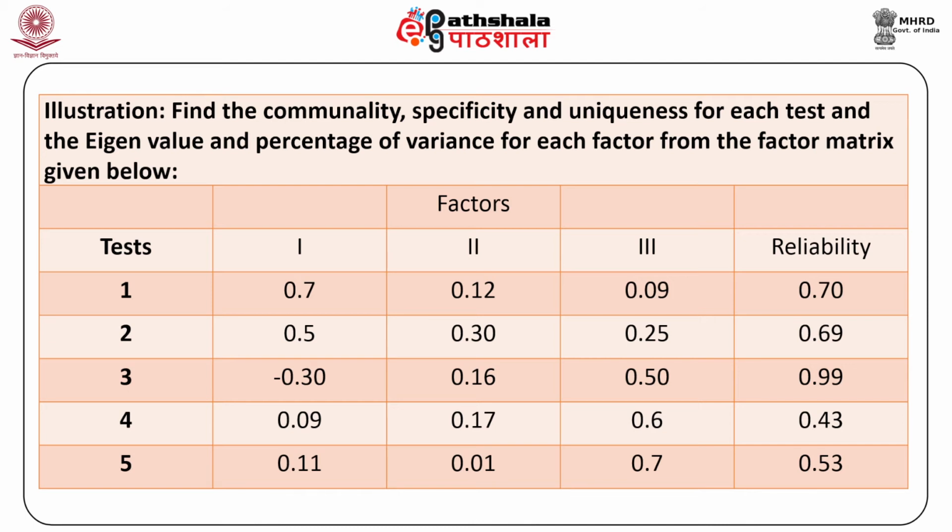For factor 2, 0.12, 0.30, 0.16, 0.17, 0.01. Factor 3, 0.09, 0.25, 0.50, 0.6, 0.7. Reliability is 0.70, 0.69, 0.99, 0.43, 0.53.